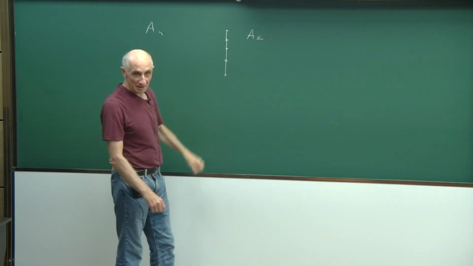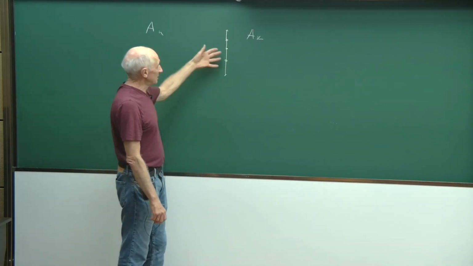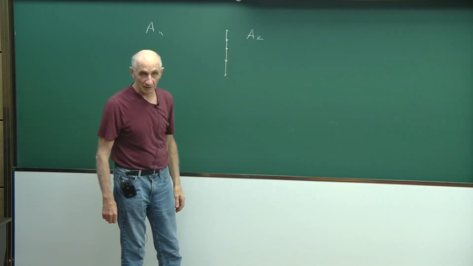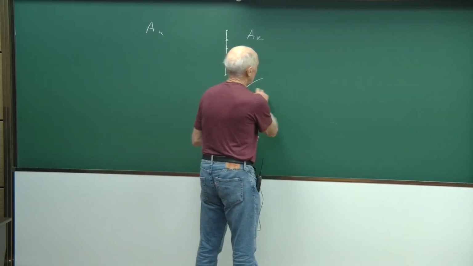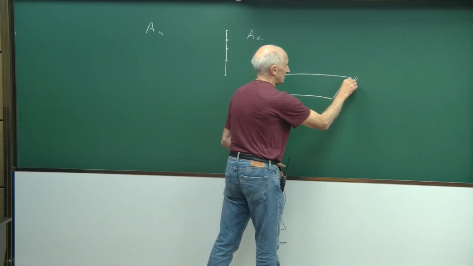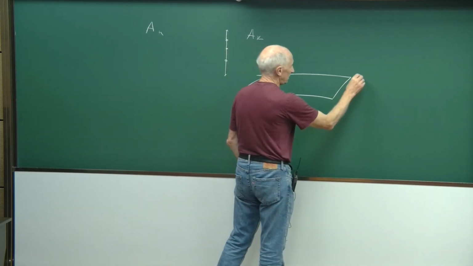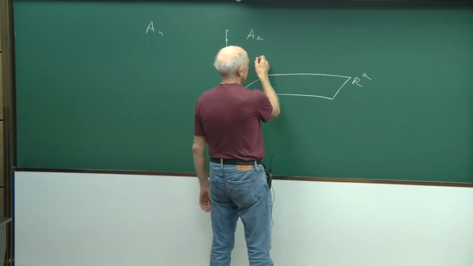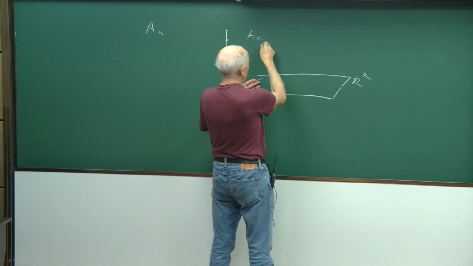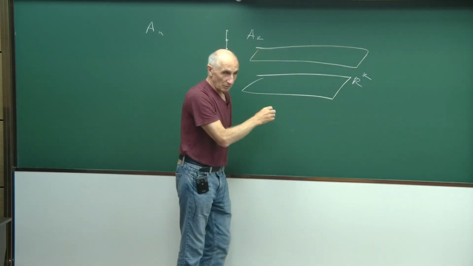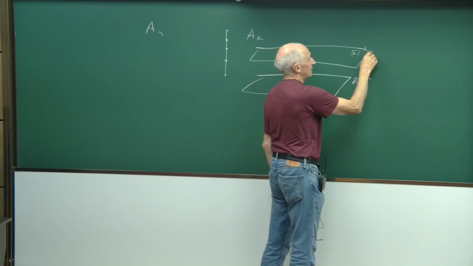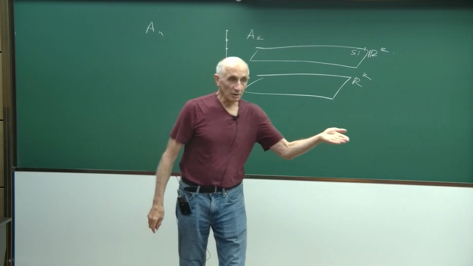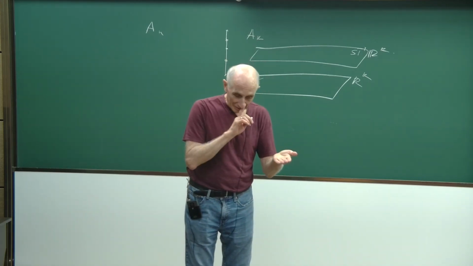Anyway, there is this Ak minus 1 that we already know, and how do we define Ak? We take Rk, and then you have the unit cotangent bundle, ST star of Rk. There we can consider a Legendrian.